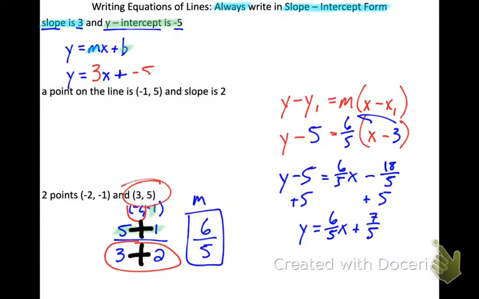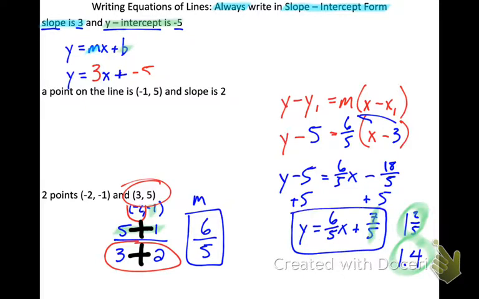So you can do 7 fifths, you can do 1 and 2 fifths, or you can write it as 1.4. These are all the same thing. Okay? Just understand that they are all the same thing. Whichever way you want to write it, I'm always going to encourage using fractions. Okay?